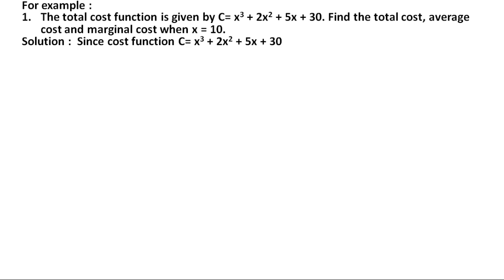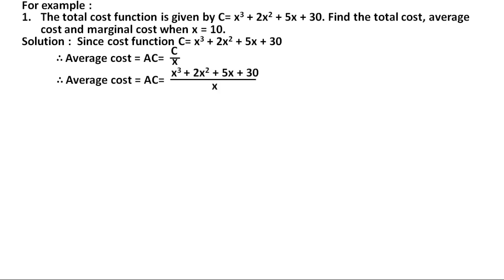Therefore, average cost AC is equal to x raised to 3 plus 2x square plus 5x plus 30 whole divided by x.